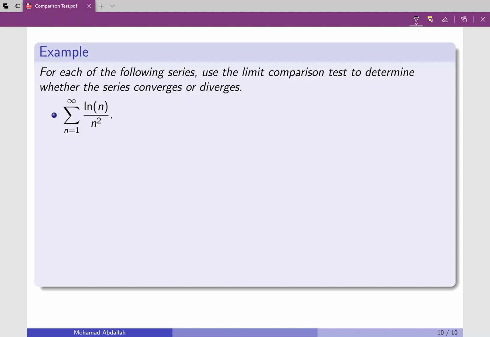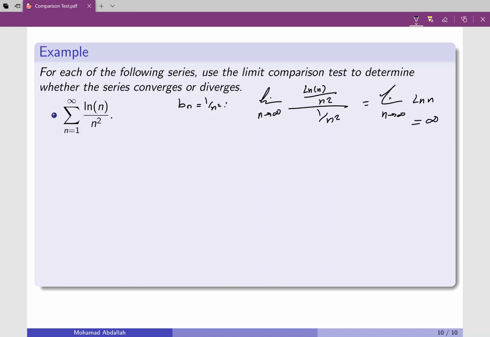Here's why. If you try to compare it, maybe you will say, okay, I'm going to compare it with bn equal to 1 over n squared. If you do that, you're going to get the limit when n goes to infinity of an over bn, so ln of n over 1 over n squared. You're going to get ln of n times n squared, which is infinity.